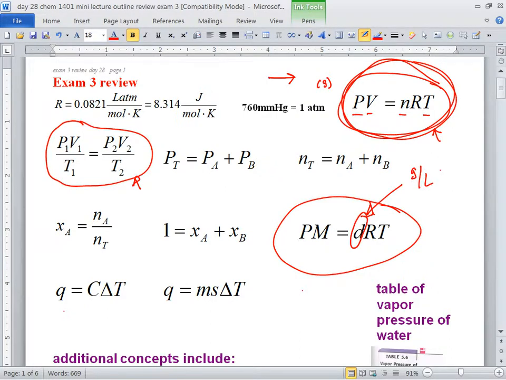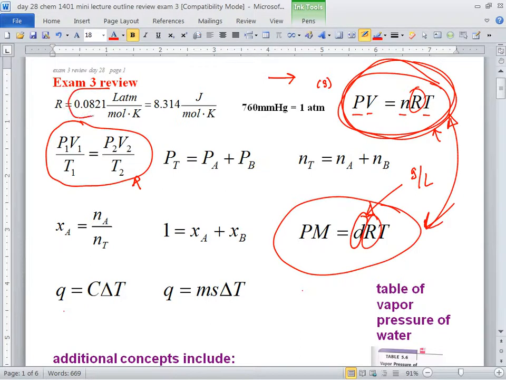Okay, so throughout this equation and both of these, it has big R in it. What'd you use for big R, Dylan? And the 0.0821 was a lot easier to use, right? I agree with him.